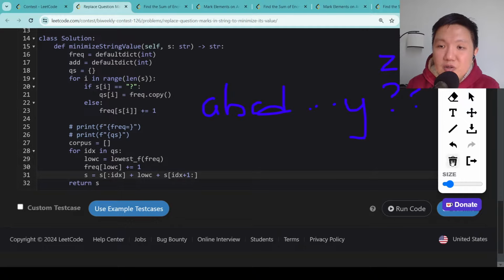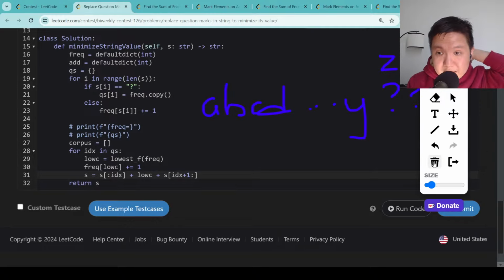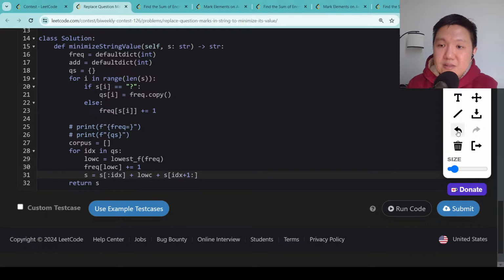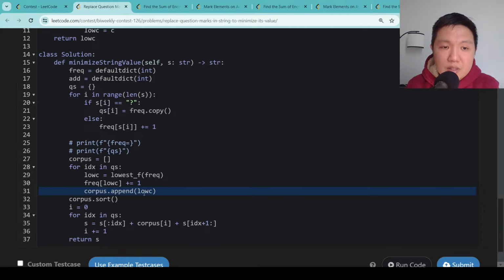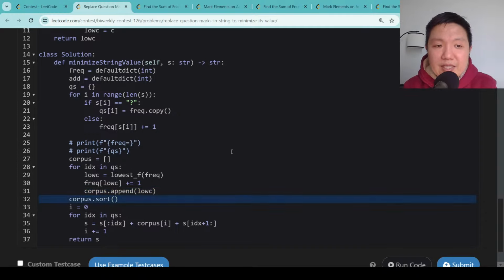The reason for that is because you are doing the replacement right away. So in order to fix this error, you have a container.